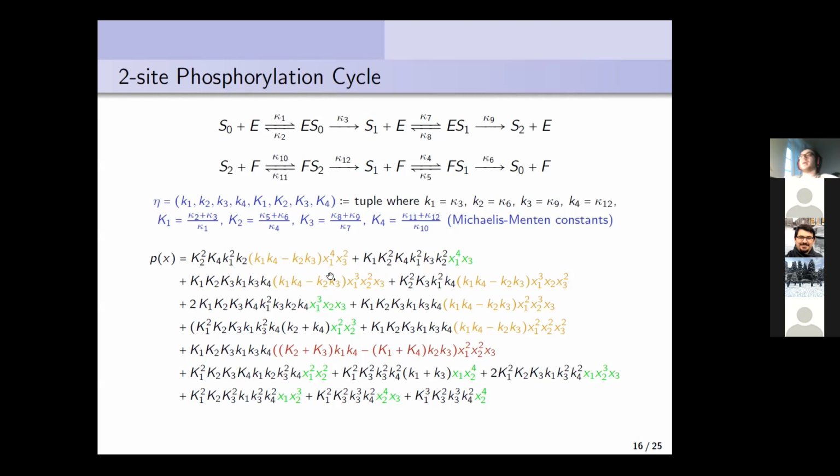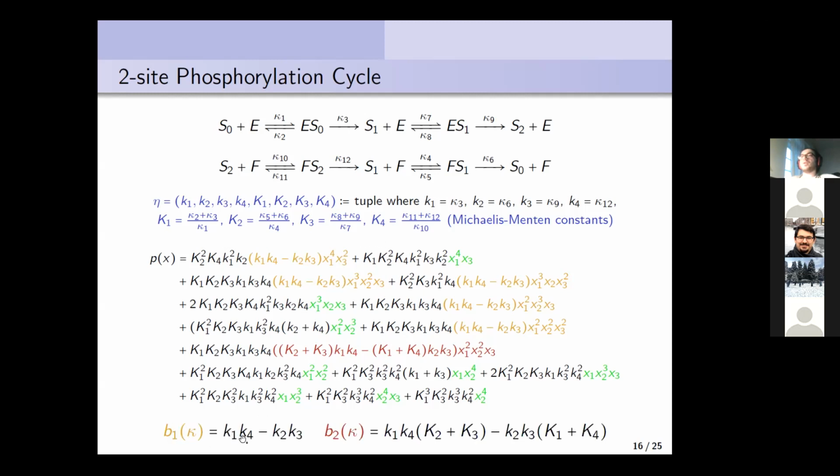And as you see, I marked all of the exponents of this guy. Some of them can be negative, some are positive, and some are definitely negative. So this is the situation at the moment.